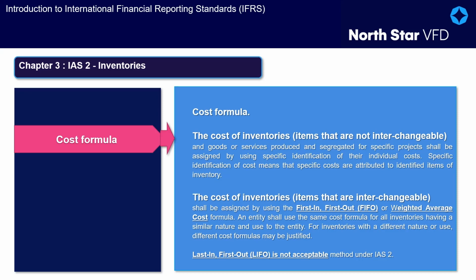Under the weighted average cost formula, the cost of each item is determined from the weighted average of the cost of similar items at the beginning of a period and the cost of similar items purchased or produced during the period. The average may be calculated on a periodic basis, or as each additional shipment is received, depending upon the circumstances of the entity. The weighted average method, which like FIFO is suitable where inventory units are identical or nearly identical, involves the computation of an average unit cost by dividing the total cost of units by the number of units.